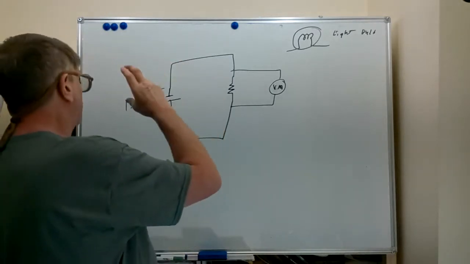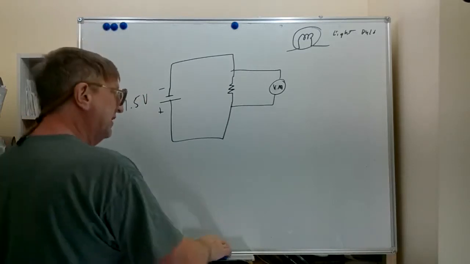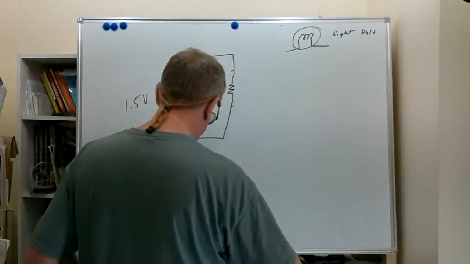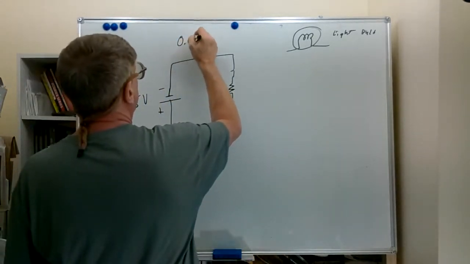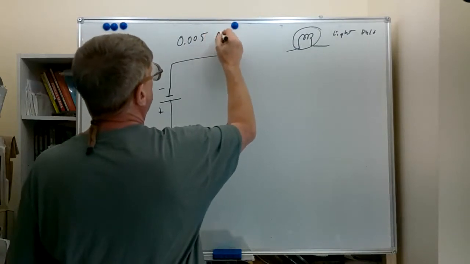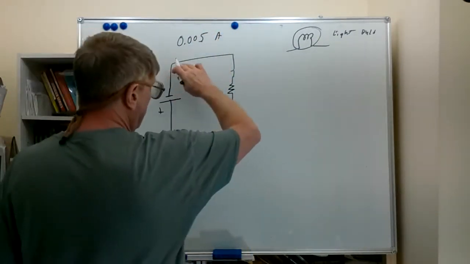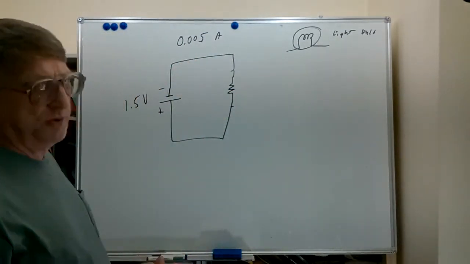The voltmeter can be just applied anywhere in the circuit to read the voltage, but it's a little more difficult to measure amperage. We calculated earlier that we had 0.005 amps in this circuit, and that's basically the amount of charge moving past a given point in a certain time. Now, how would we measure that?